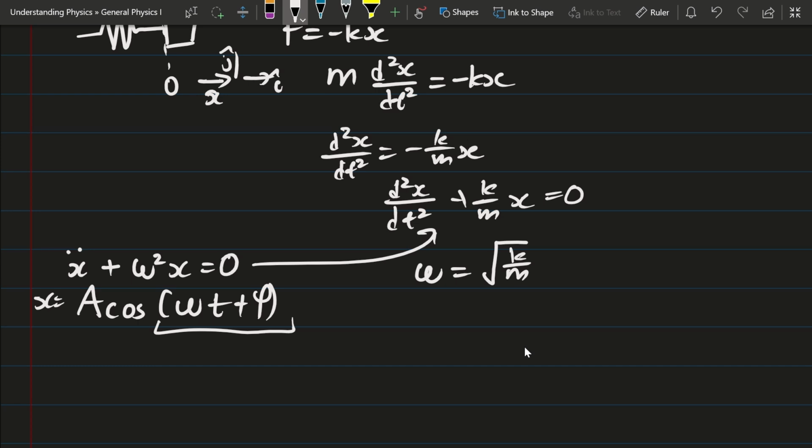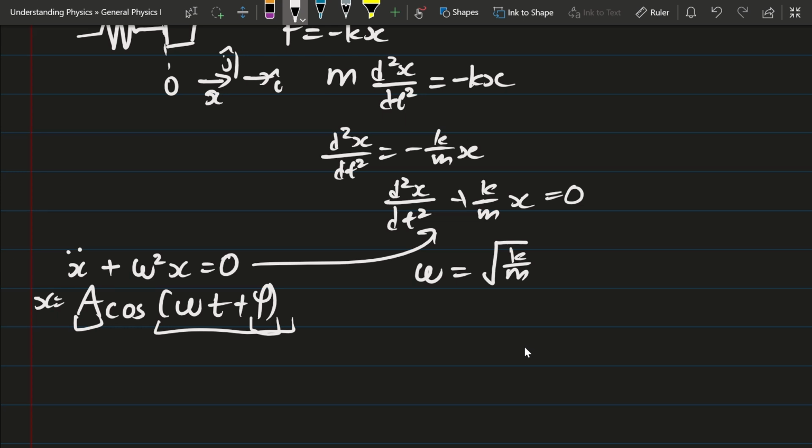So here we see that there's an amplitude as well as something which we call a phase difference. So what does this phase difference actually mean in physics? It basically means that if you set the time to 0, this A and the phi will be the initial conditions for the system.